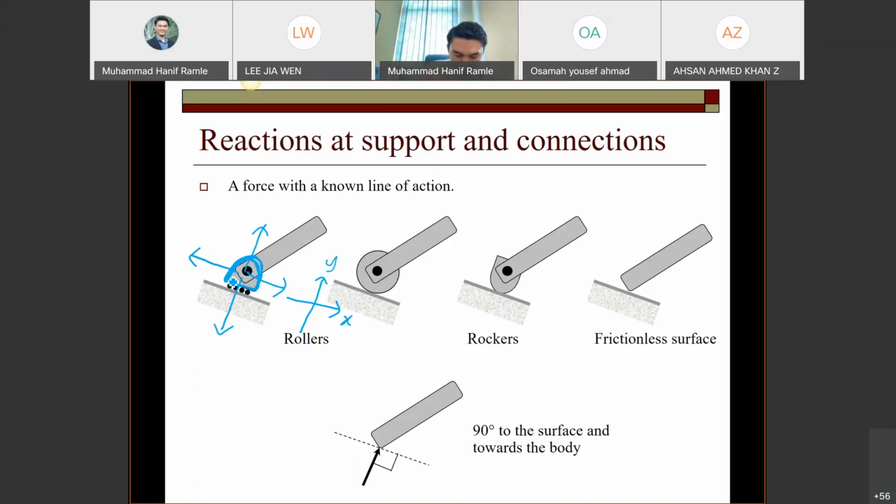If you imagine this, you can know that this rigid body can move up like this, can go right like this, can go left like this, but this rigid body cannot go down, because we have this surface.